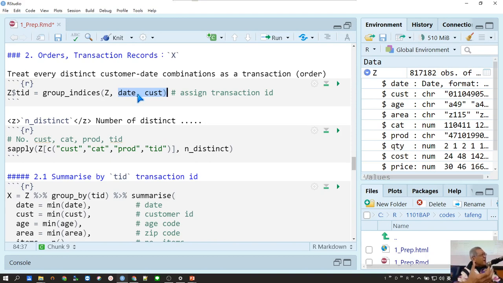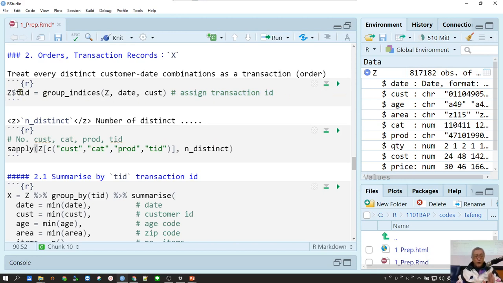It's not likely that you go to a grocery store more than one time a day. Even if that's the case, it's still appropriate to treat it as one transaction. So I just make this up.